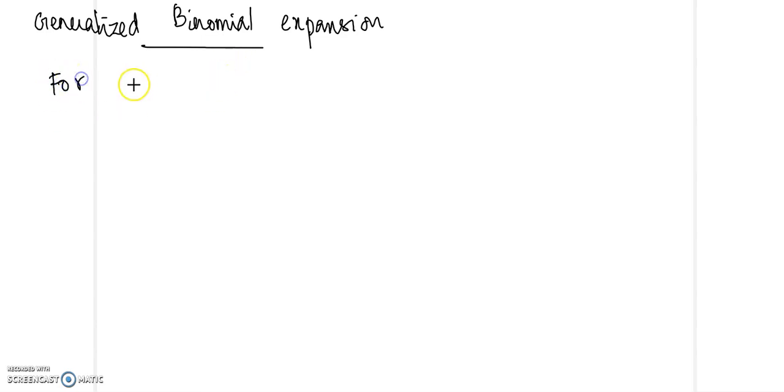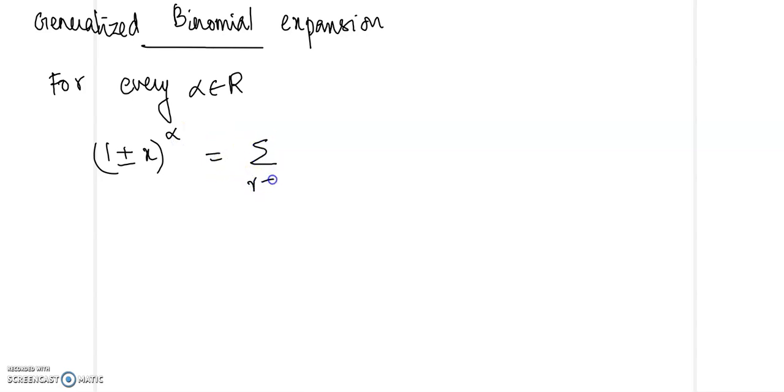For every alpha belonging to R, the expansion of (1 plus or minus x) raised to alpha is given by summation r equal to 0 to infinity alpha C r into (plus or minus x) raised to r.